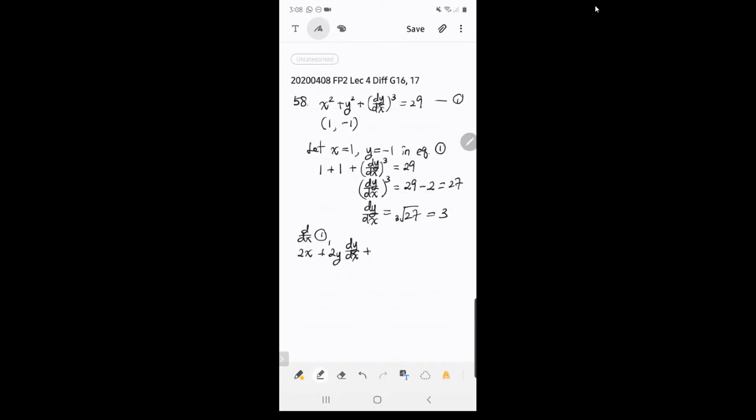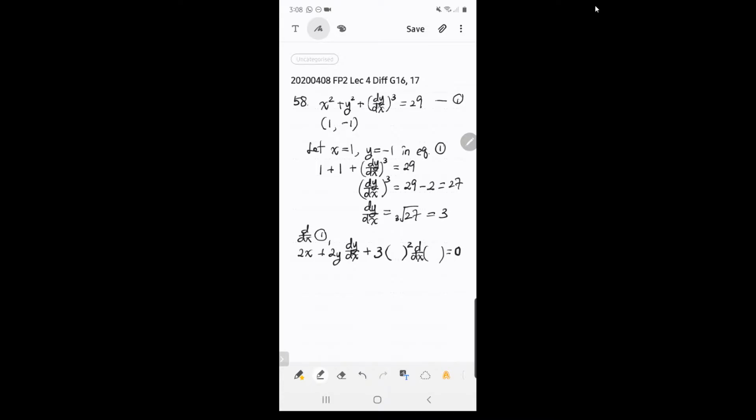Now, how do we differentiate (dy/dx) cubed? The answer is you use the power chain rule. The power chain rule states that you move the original power down, the original power reduces by 1, and you differentiate the term in the bracket. On the right hand side, if you differentiate 29, you get 0.